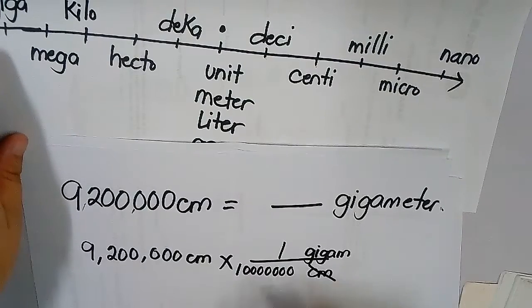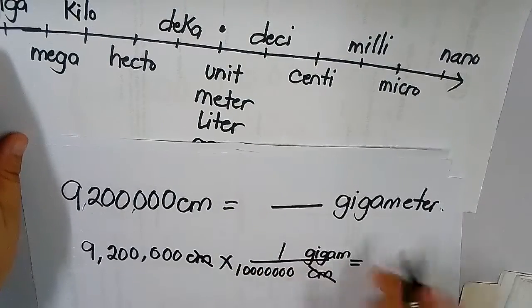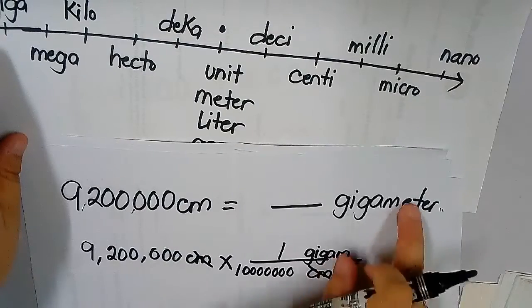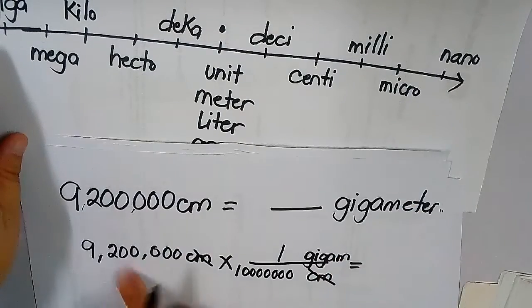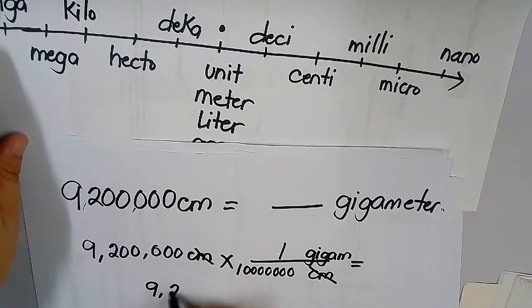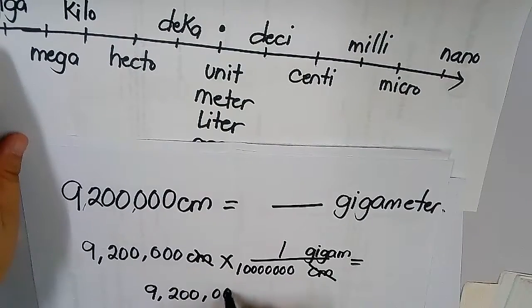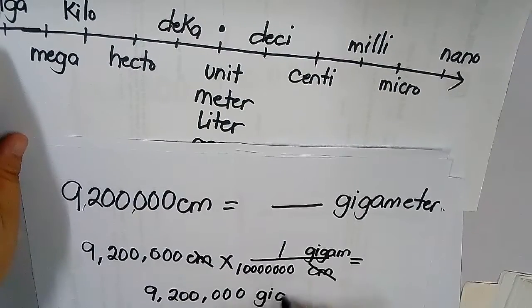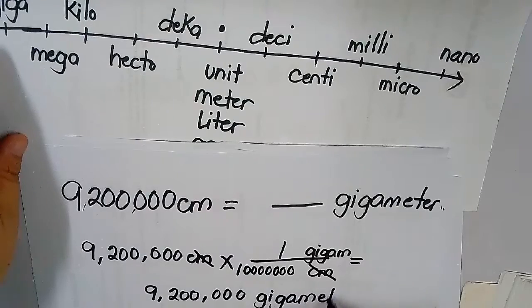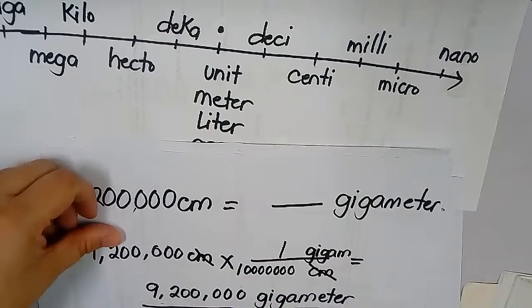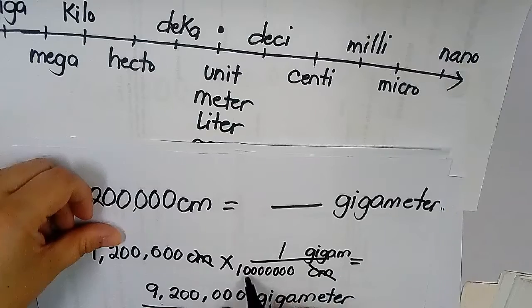So, makakancel na to si centimeter. Natira na si gigameter na yun naman talaga yung hinahanap natin. So, 9 million gigameter divided by 1, 2, 3, 4, 5, 6, 7.